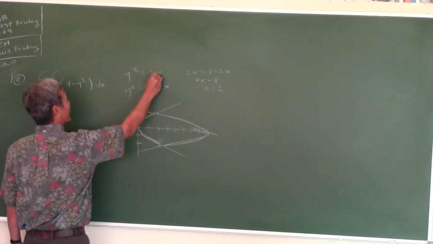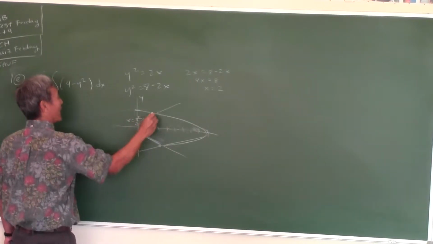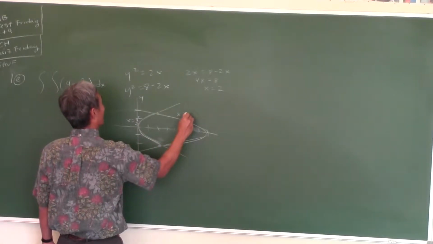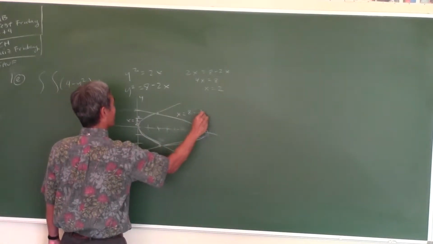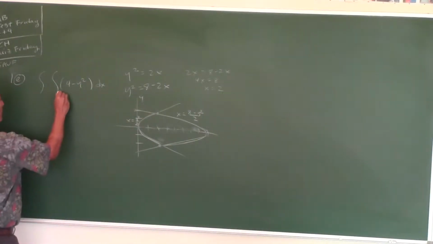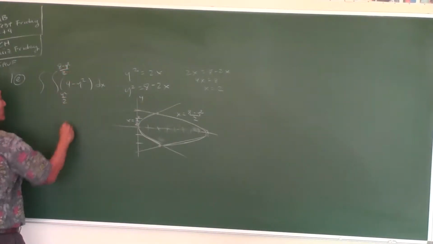If you solve for x in this equation, you get x equals y squared over 2. In this one, if you solve for x, you get x equals 8 minus y squared over 2. So x goes from y squared over 2 to 8 minus y squared over 2.